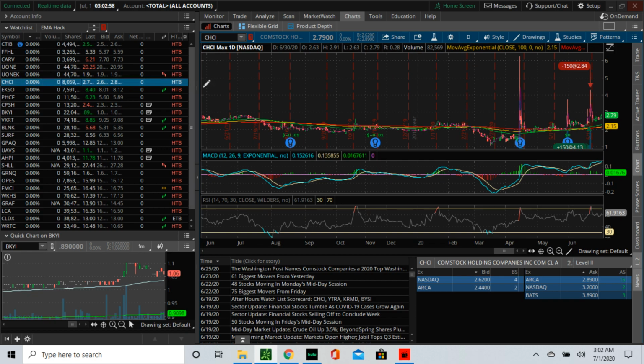CHCI, we see that there were some spikes here, right? We had a spike here, we had a spike and then a pullback. And that's one other thing that I should mention on a lot of these. When they move, on that first strong candlestick, before making that $2-3 uptick, what I've seen is when you go into the closing, when the market is about to close, once the market closes, you'll start to see if that stock is moving in the after hours.